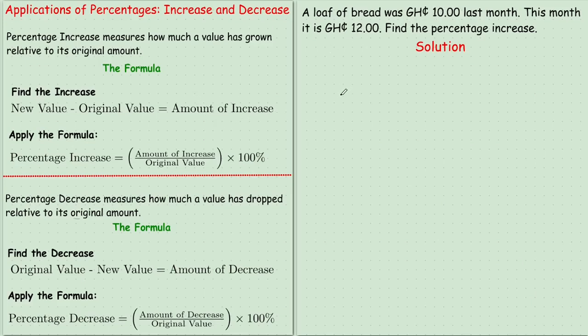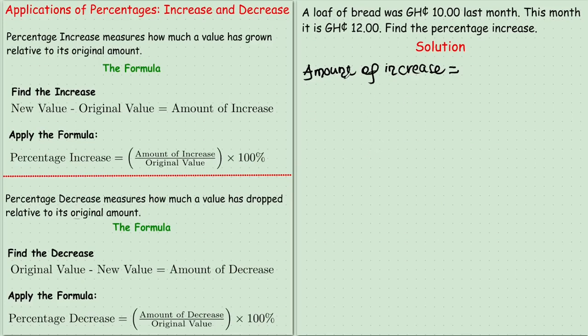So what do we need to do? We know what percentage increases. From our formulas, we said it is the amount of increase over the original value times 100. Hence, the first thing we need to solve for is the amount of increase. So you start by saying the amount of increase is equal to, well, before that, you can write out your parameters.